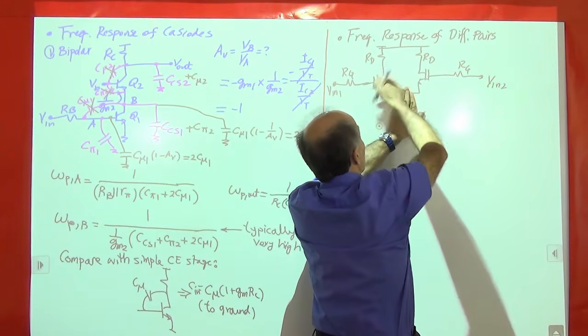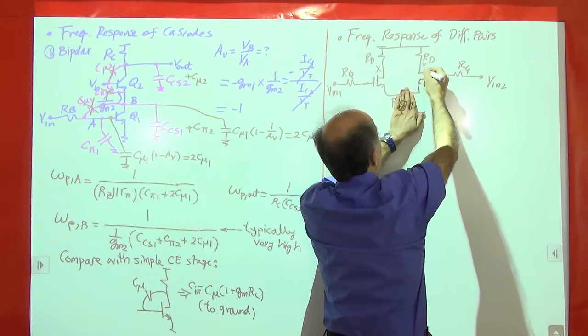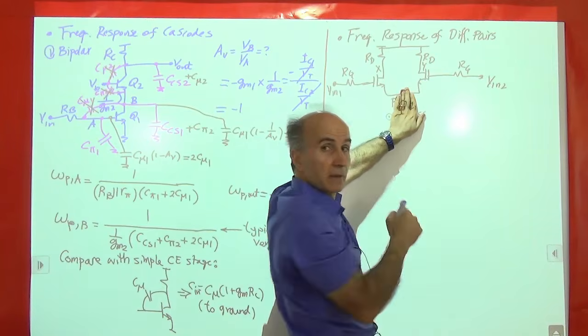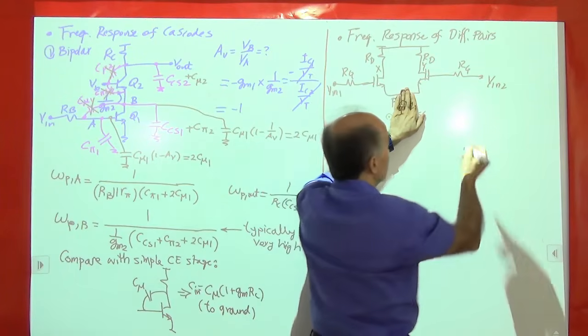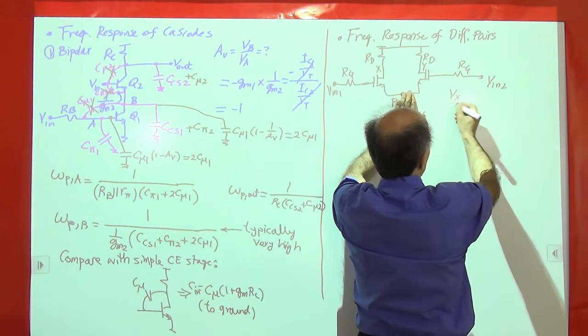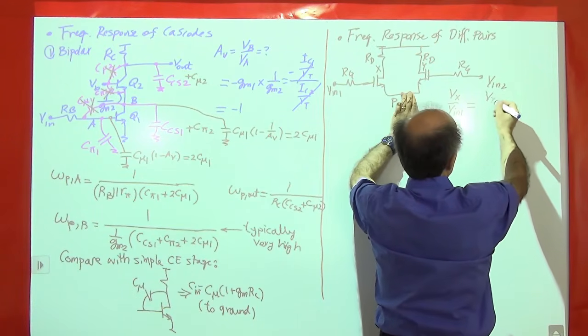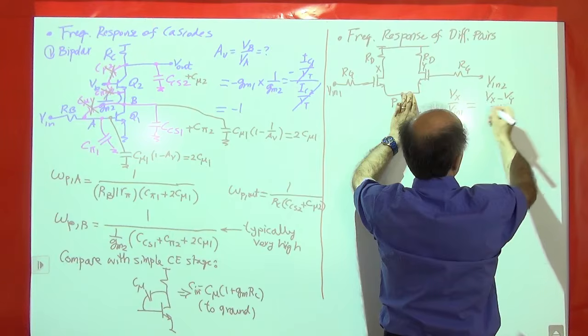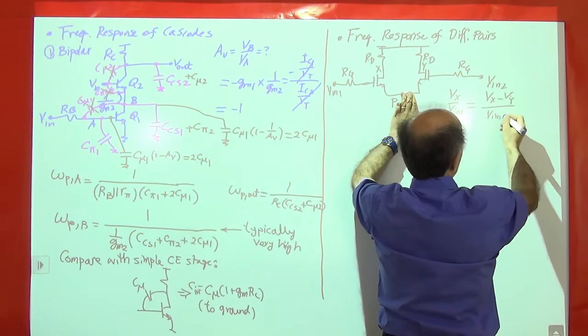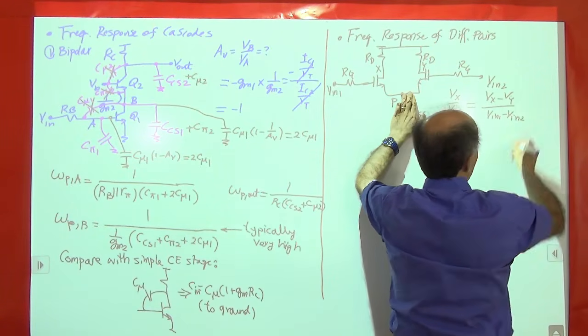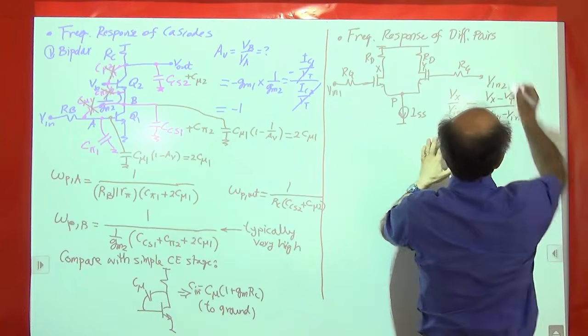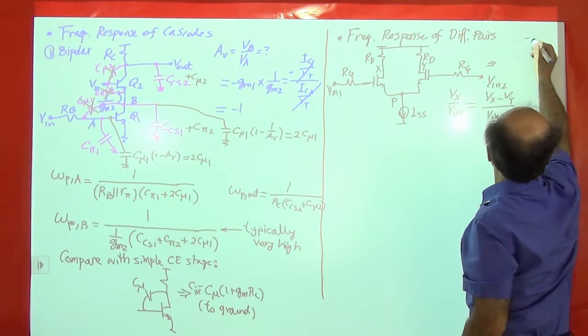So we just analyzed one half and found Vx over V in 1. And then we said, well, Vx over V in 1 for one half is actually the same as Vx minus Vy over V in 1 minus V in 2 for the entire circuit.